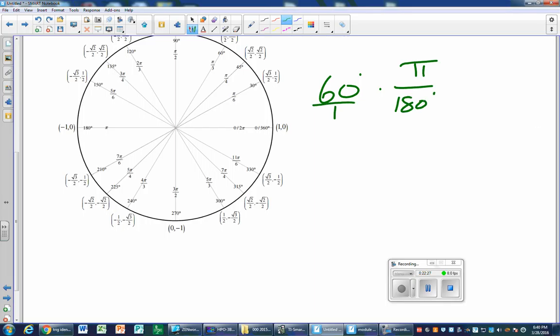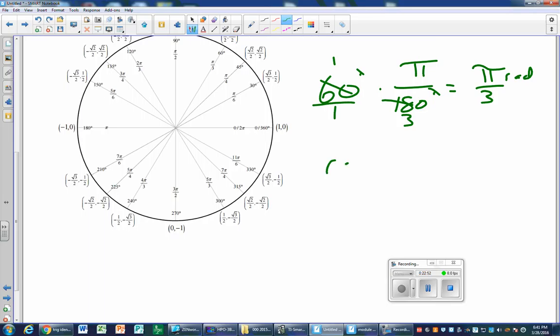How do I know 180 is in the denominator? Because the degrees have to cancel. It's just a way to remember, just common sense. Now it happens that 60 goes into 180 3 times, so it's pi over 3 radians. That's how long it is compared to the radius. Okay, 60 degrees is pi over 3 radius.